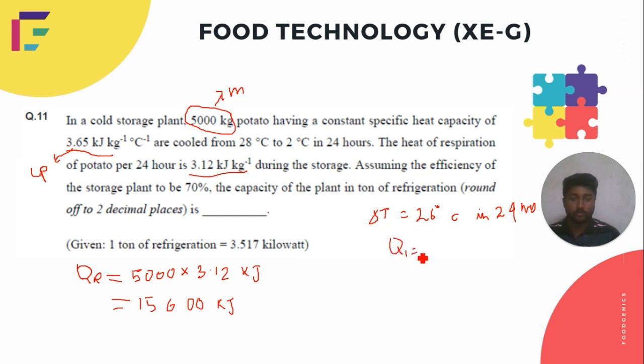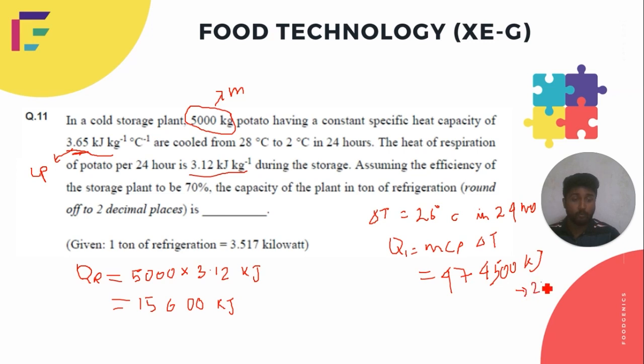Now, as there is a temperature change, we will have another heat, which is equal to m Cp delta T. If we put the values out here, then we will get a value of 474,500 kilojoule, where m is your 5000 kg, Cp is 3.65, and delta T is 26 degrees. So both these heats are in 24 hours.